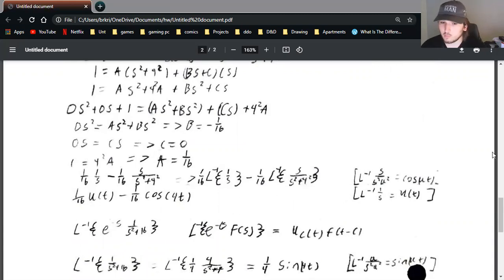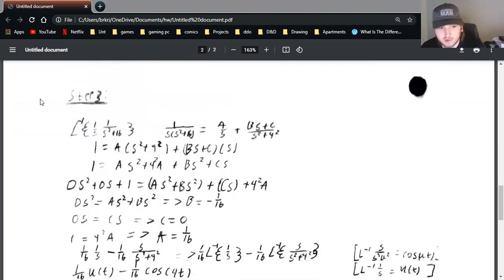These are both on the tables just as they are, with 1/s being u of t, and s over s squared plus a squared equals cosine at. Filling in 4 as a, we get 1/16 u of t minus 1/16 cosine 4t. That is our inverse Laplace of this part.